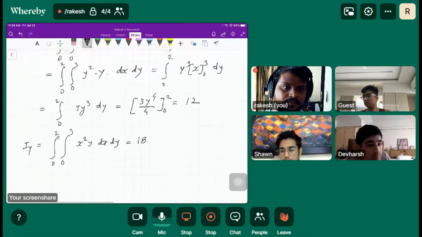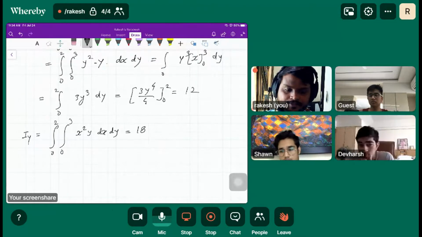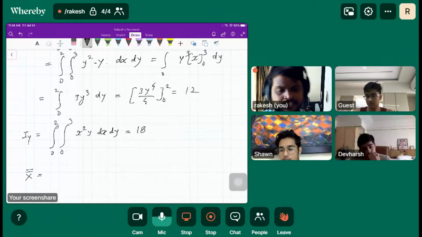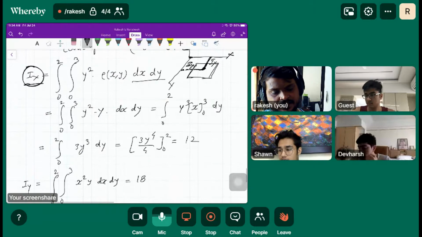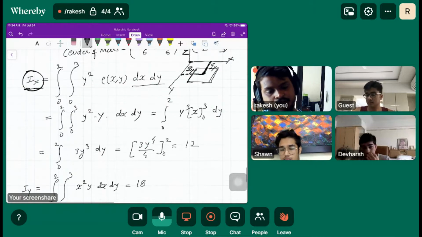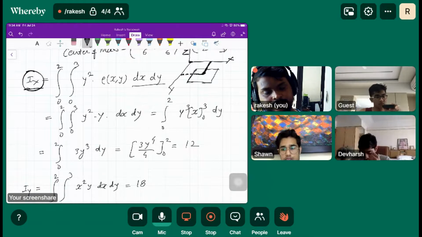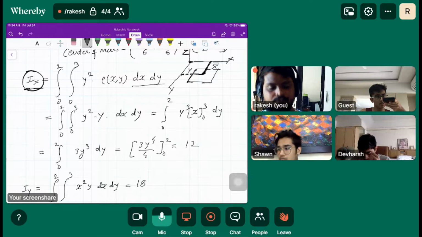We can directly find this. Exactly, this is the formula for radius of gyration. So we can write that as x double bar, y double bar. Okay, that's the formula.